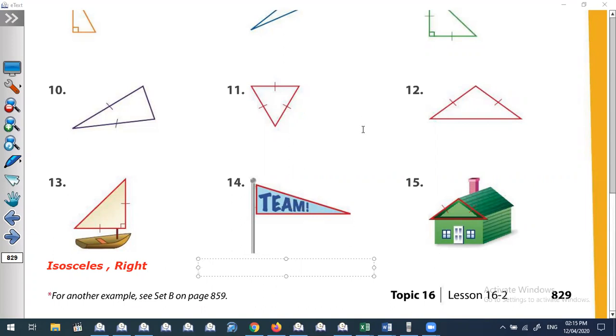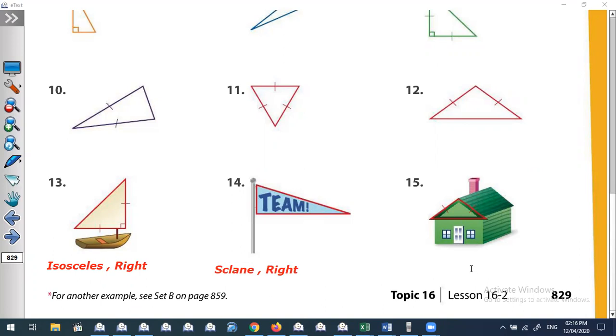Here, in this shape, we don't have any sides equal, so it will be scalene. What about the other type? Here we have a square corner, because this flag has a square corner, so it will be right.